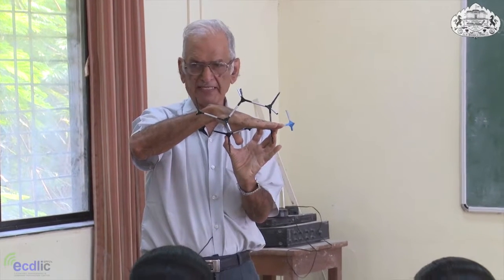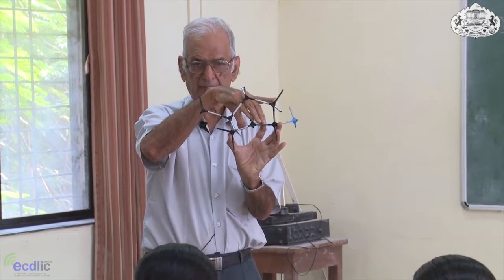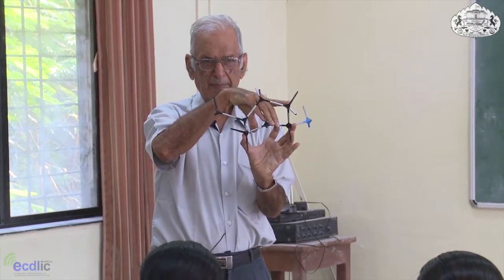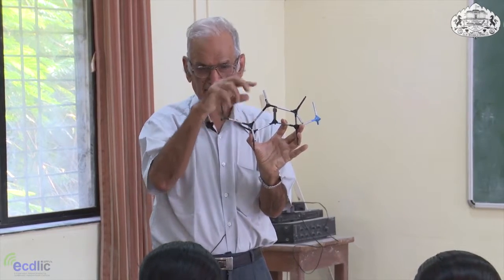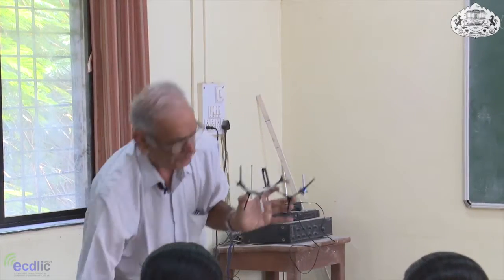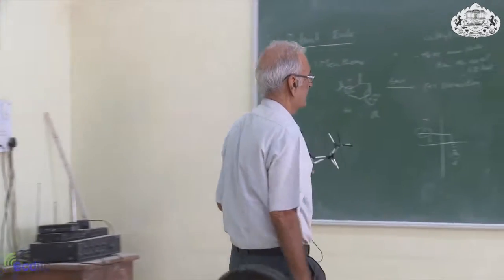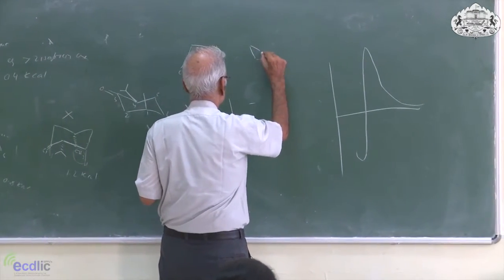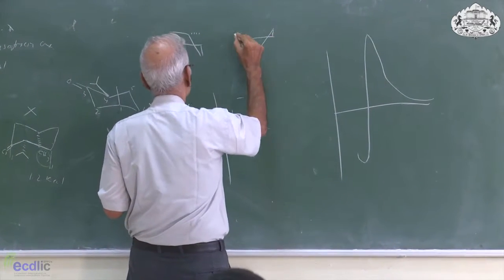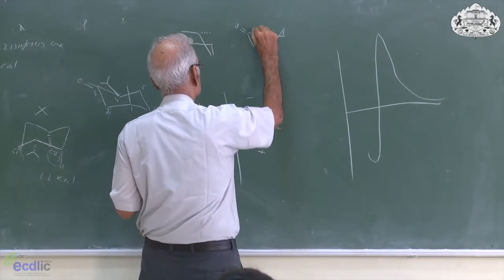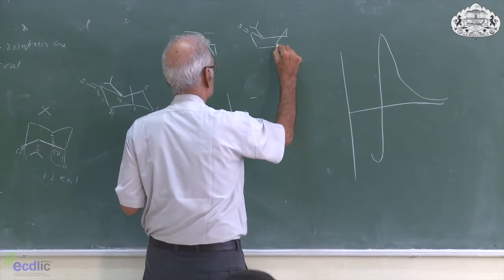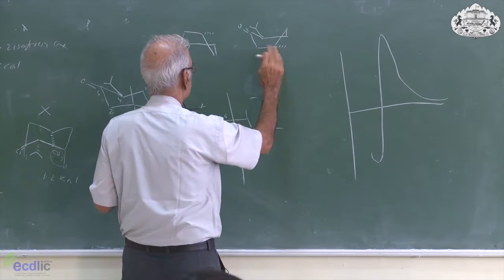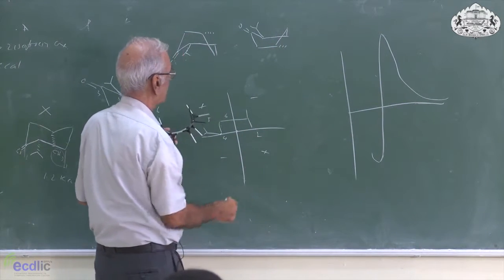All right. Now, what do I see? This carbon is above the plane. This carbon has gone below the plane. Okay. Let us take that to the head of the chair. Okay.